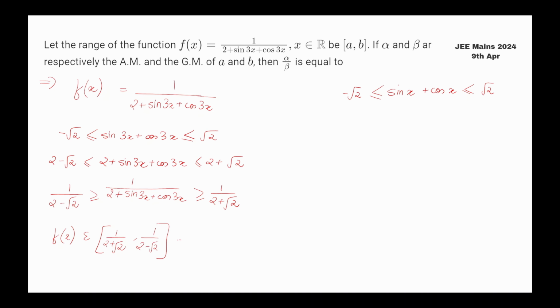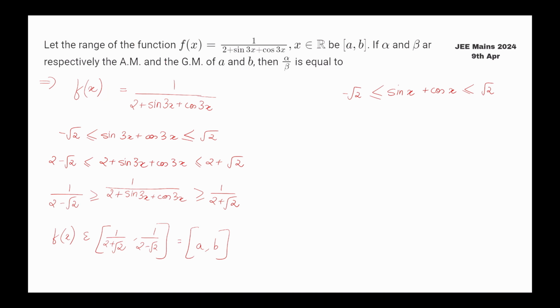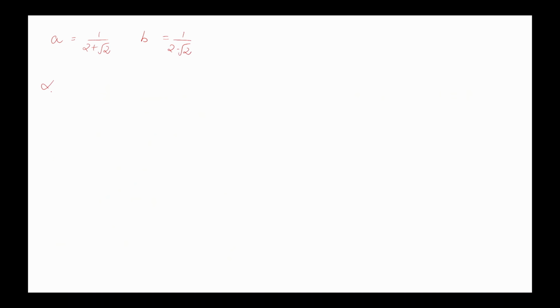Now they've told us that this range is [a, b]. So now I've gotten my value of a, which is 1/(2 + root 2), and my value of b, which is 1/(2 − root 2). Now what have they told us? That alpha is the arithmetic mean between a and b. What used to be the formula of arithmetic mean?